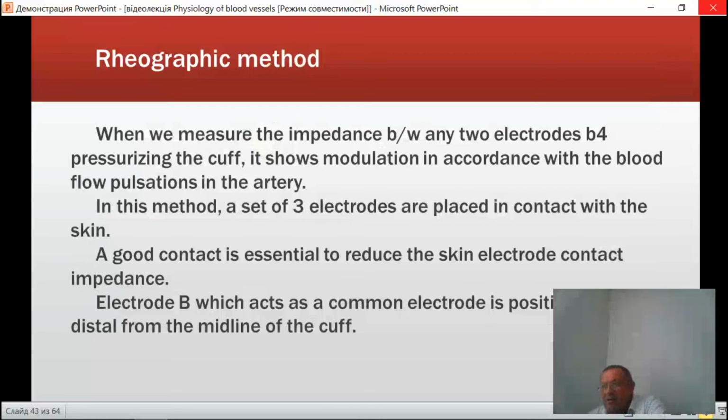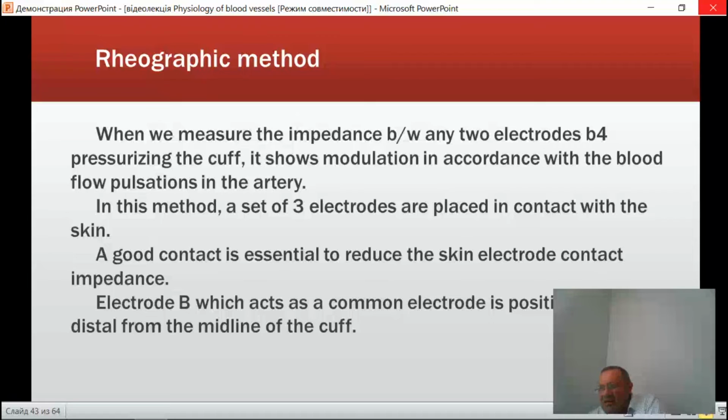Next information: when measuring the impedance between any two electrodes while pressurizing the cuff, it shows modulation in accordance with the blood flow pulsation in the artery.